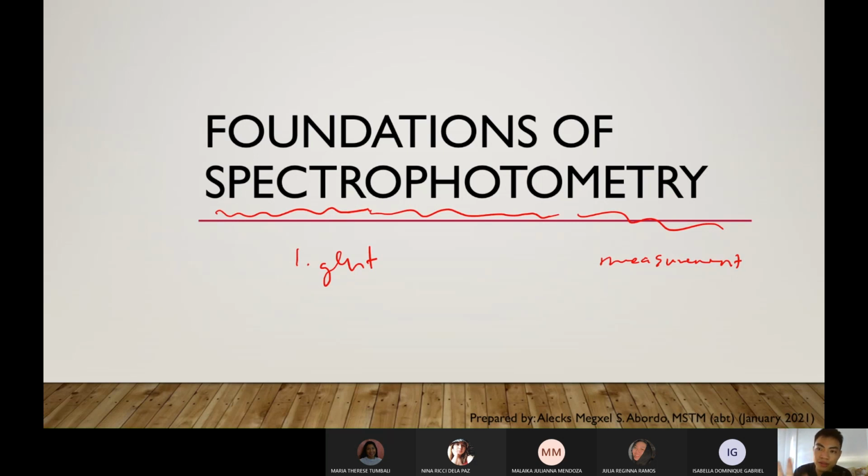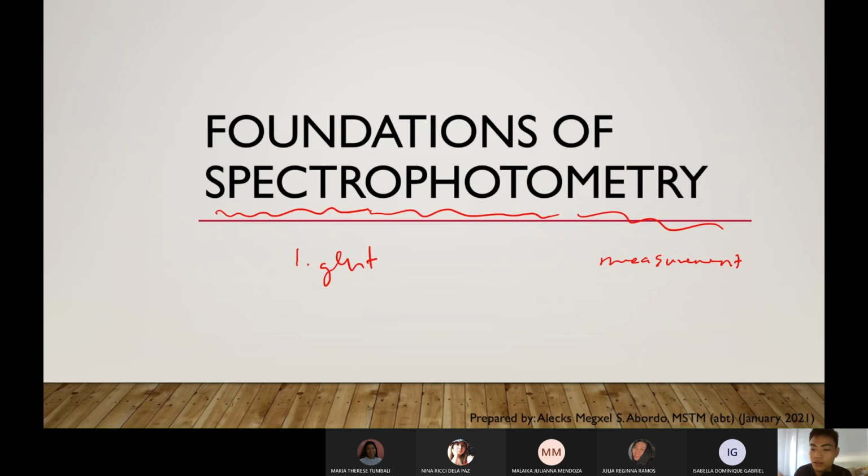Okay? So each color corresponds to a certain compound, no? For example, yellow for creatinine, orange for uric acid, no? Something like that. And then depending on the intensity of light, the medical technologists can know whether mataas yung concentration niya or not, no? So, yun yung application nito sa field nyo.